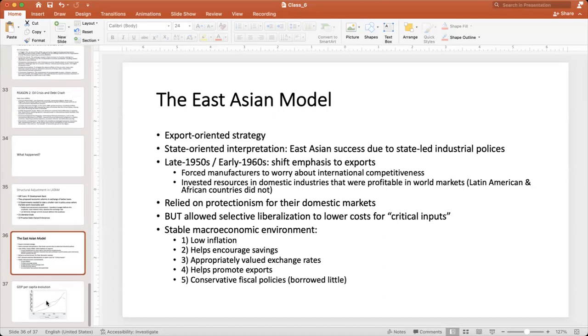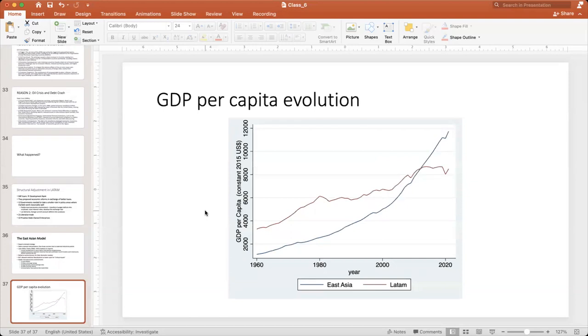And when we depict the evolution of the GDP per capita between Latam and East Asia, we can see that in 1960, a citizen from Latin America got almost double the income of any citizen from East Asia.